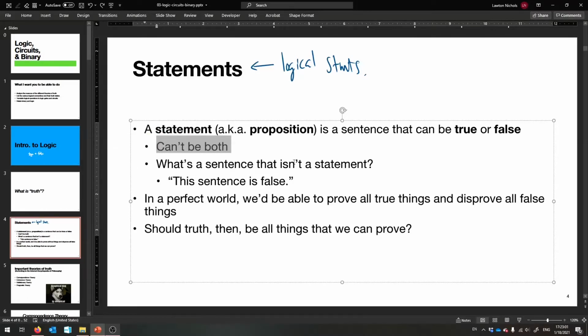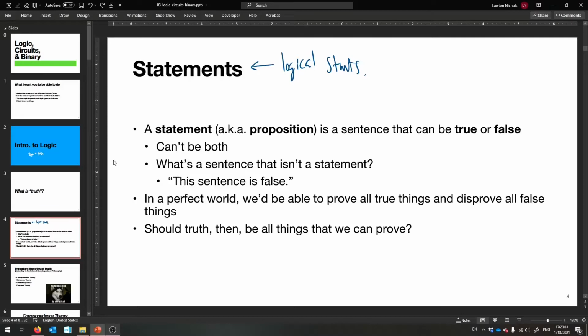And so, unfortunately, there are sentences that are not statements, that are not propositions, and here is one of them. If I tell you "this sentence is false," you have no clue what I'm saying, because it's not a statement, okay? A statement's supposed to be true or false, but this one can't be either, and I'll show you why, okay?